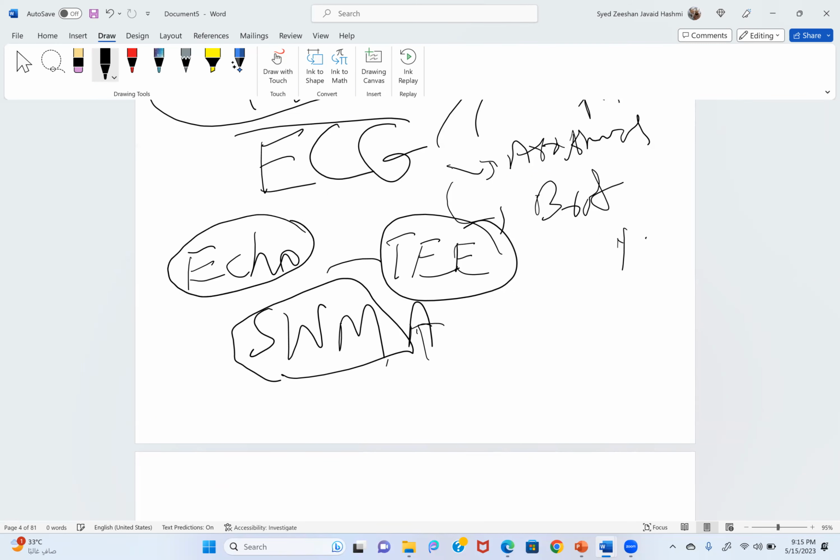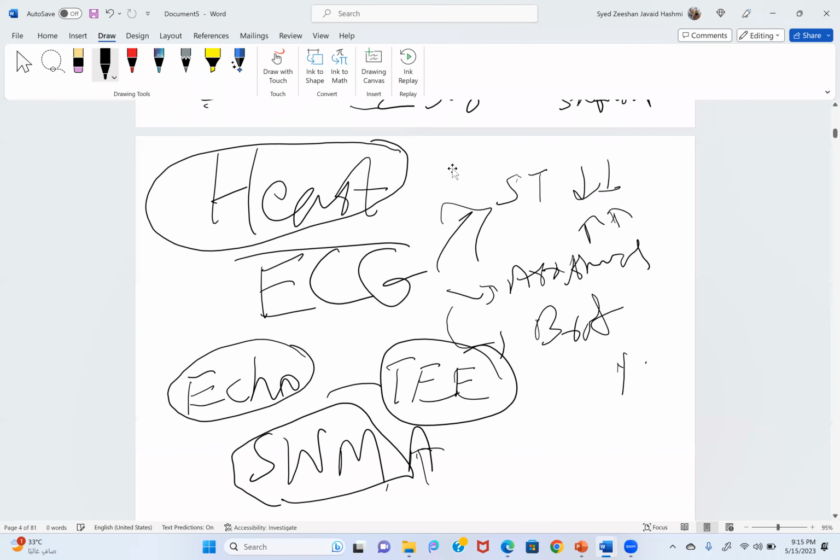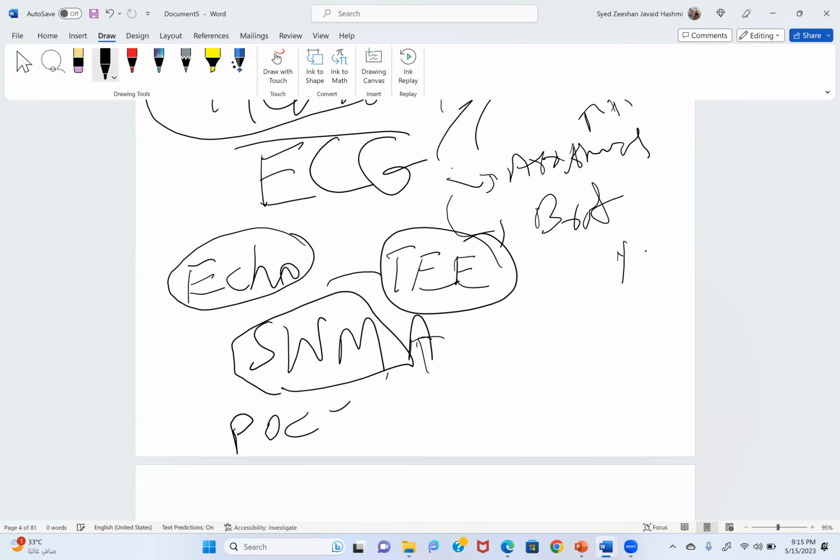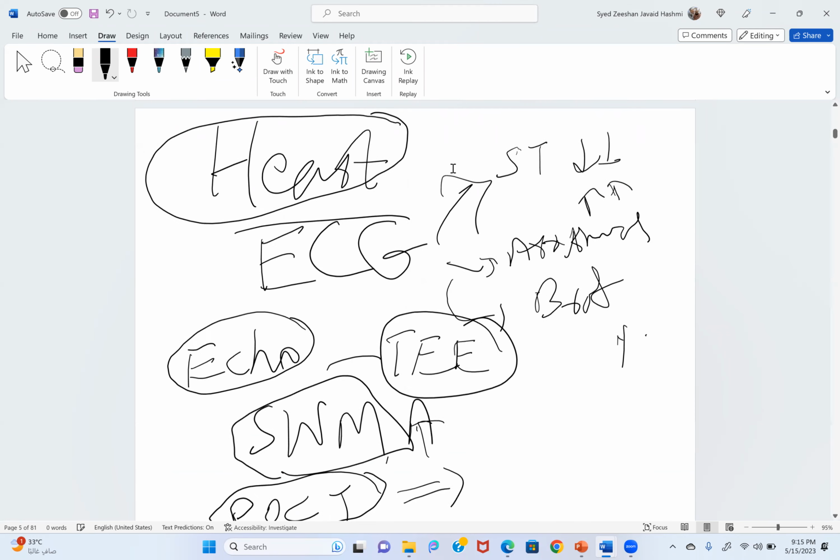Again, the second thing for monitoring will be point of care testing. Actually this is not purely monitoring, but point of care testing can tell you further about the perfusion. Point of care testing with reference to the heart will be enzymes. Okay, CKMB, CPK, or TROP-I, TROP-T. This will be the next step towards the monitoring of the heart.